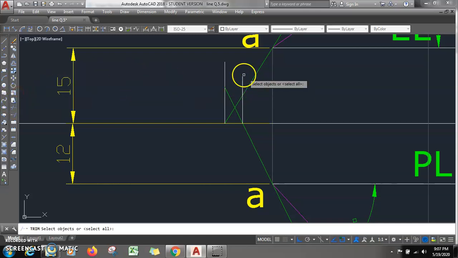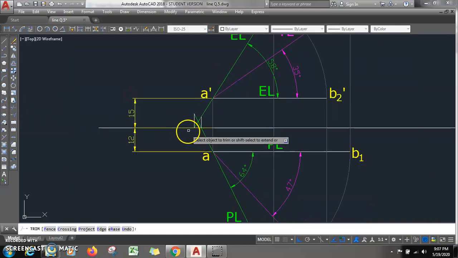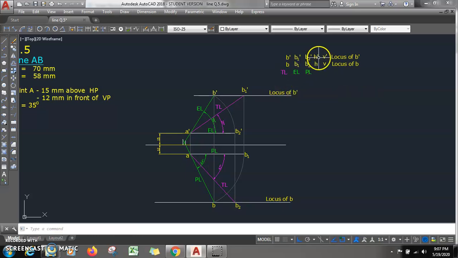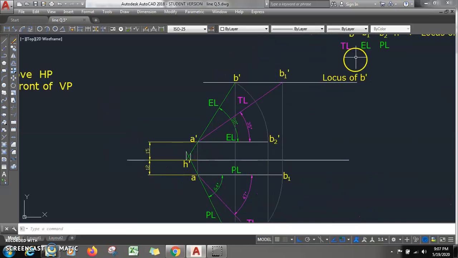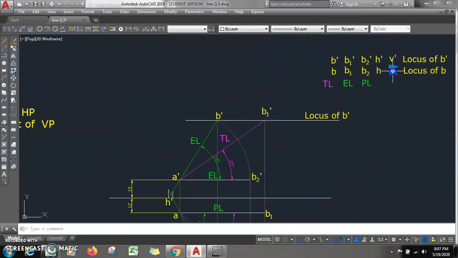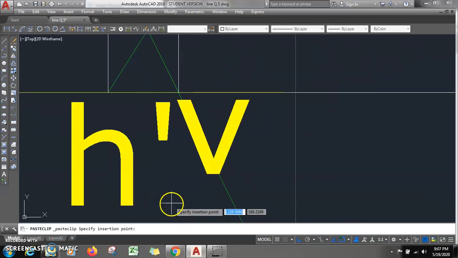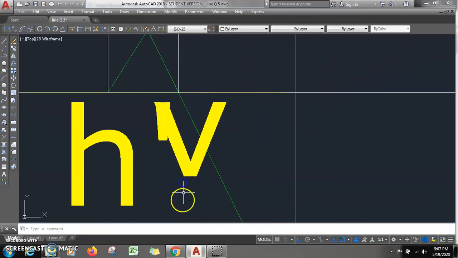The excess line I can trim. This point is H dash. Then V is this point.